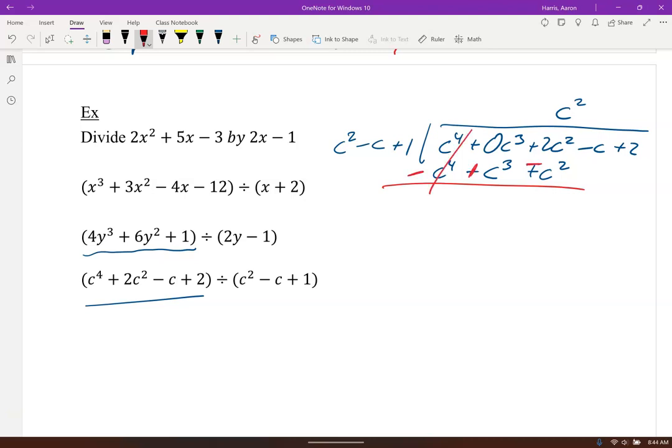Gone. That should be gone. 0c cubed plus 1c cubed is a c cubed. 2c squared minus c squared is a 1c squared, and bring down another term, minus c. Now we're matching c cubed there. So then the question is, what times c squared gives me c cubed? You should say c.